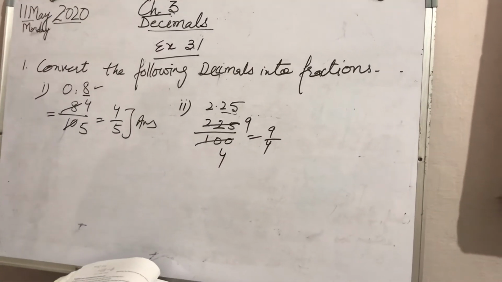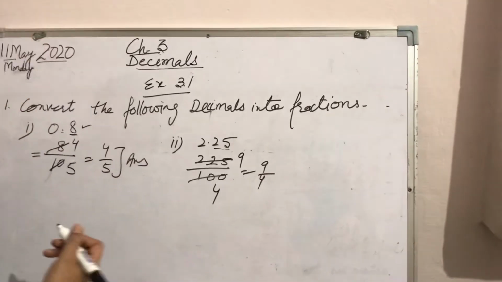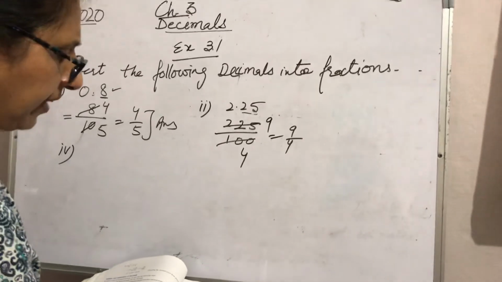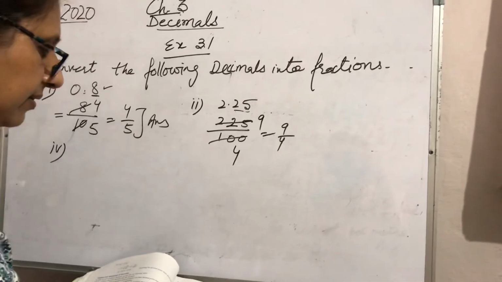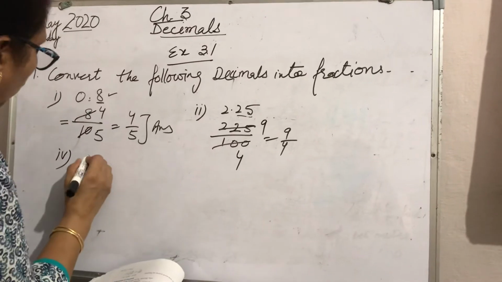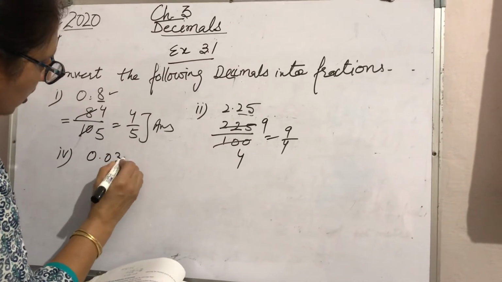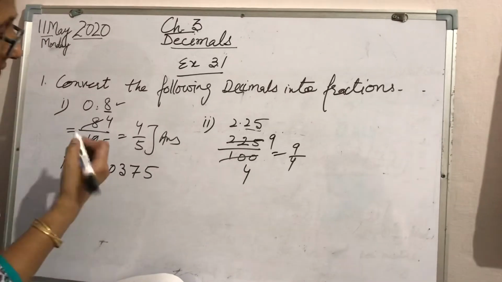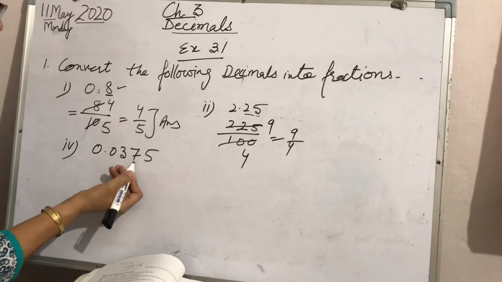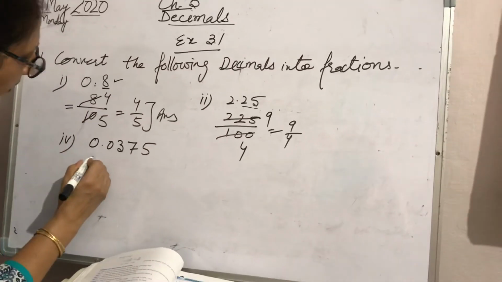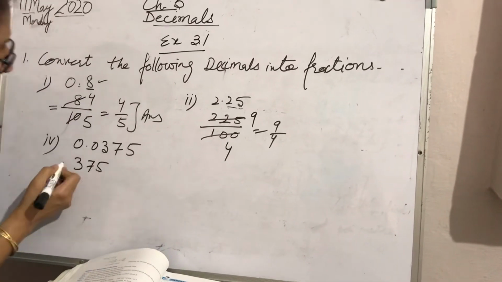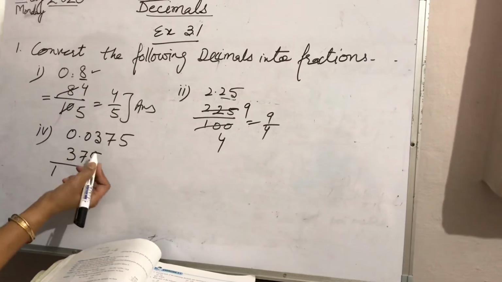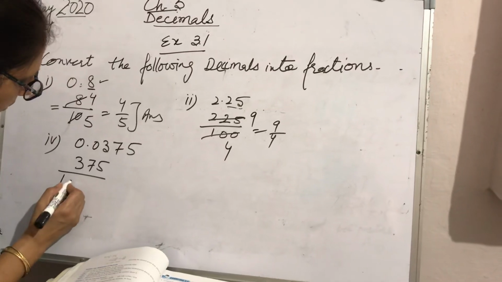Same as the next parts. Third, very simple, 17.5. Only a single digit there, you can convert. Then 0.0375. Now how many total digits are there in the decimal part? 1, 2, 3, 4. So it means 375. No need to show this 0. Instead of this decimal we use 1. Now 4 digits are there, that's why we use 4 zeros.